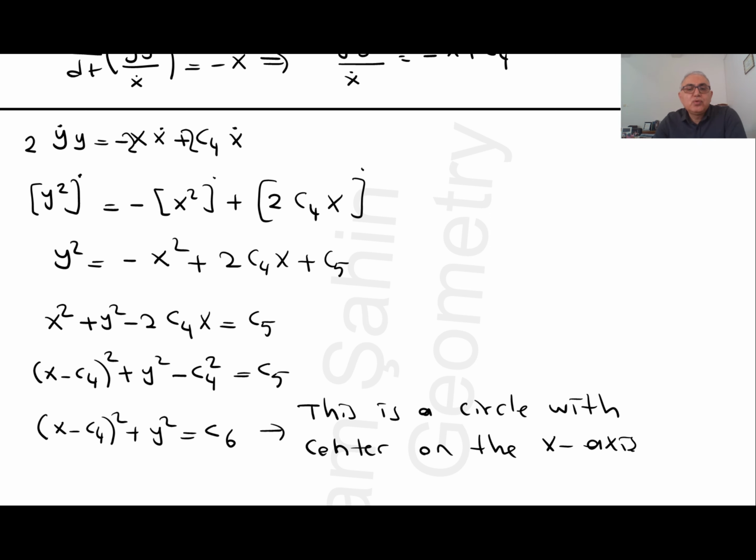So we find the two geodesics. One is a line perpendicular to the x-axis, the other one is a circle. The center of this circle is on the x-axis. So we have two geodesics for this manifold.